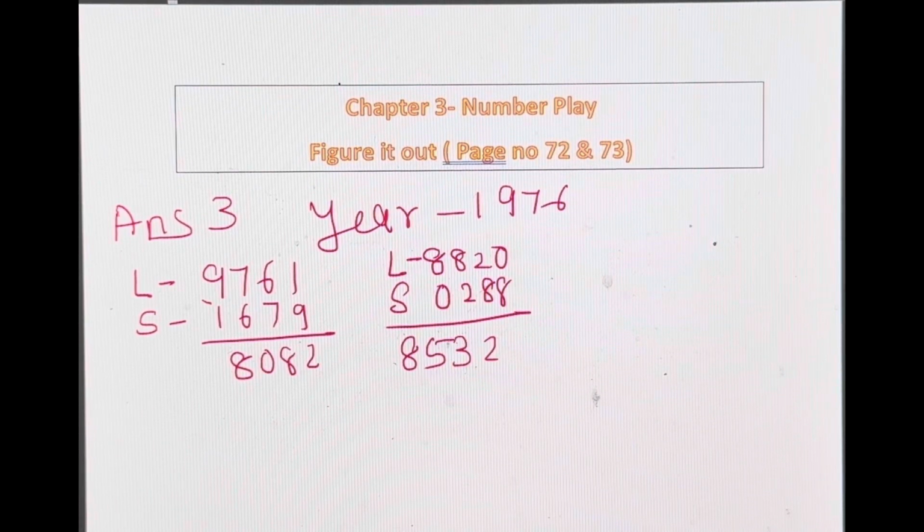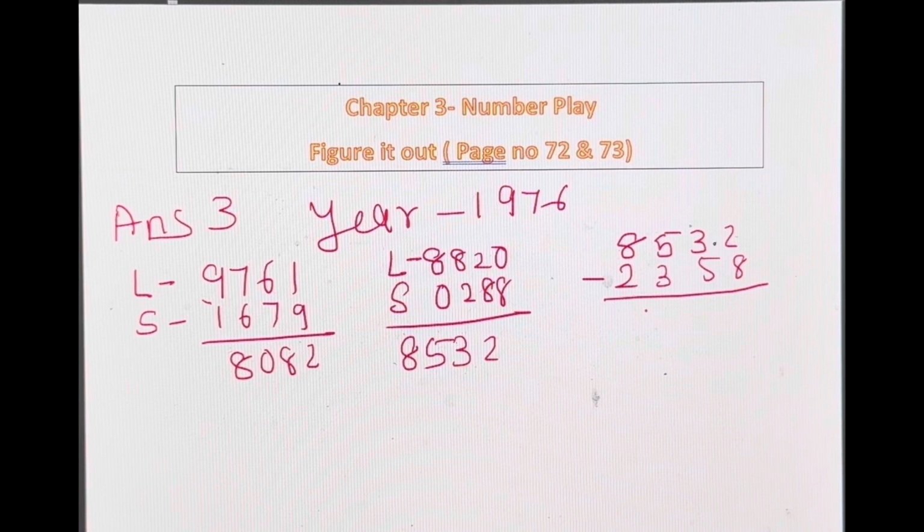Now this is already the largest number, but we still write the next step over here. Always write it this way so that you can count the number of steps also. 8532 and 2358. Now if we subtract this, the difference is 6174, which is the Kaprekar constant.